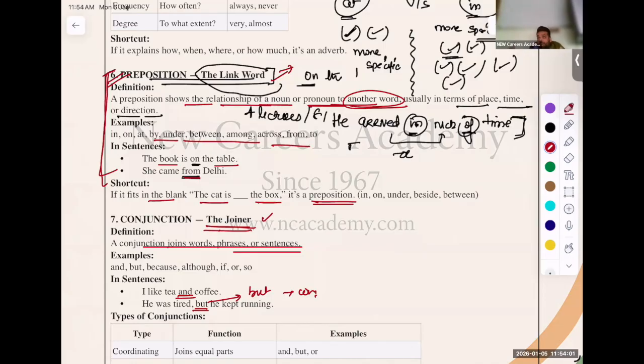That book is yours. Demonstrative. When you point fingers, demonstrative. This is a tall boy. He's an honest boy. Descriptive. There is plethora of time left. Quantitative. Plethora means sufficient.